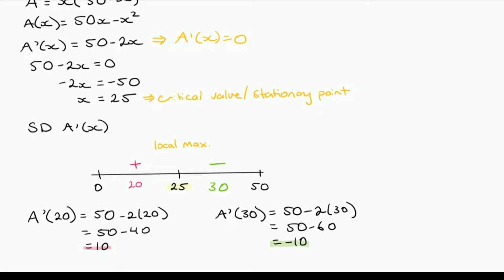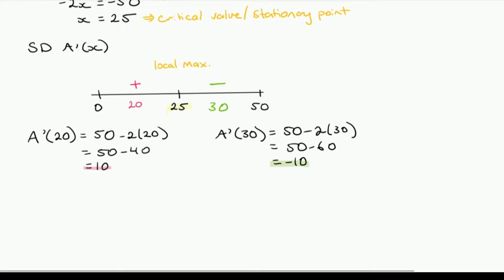However, I've also got these two endpoints here, so I'm also going to check out potentially if there might be local maxima or minima here later on. So I know that we have a local maximum at x equal to 25.